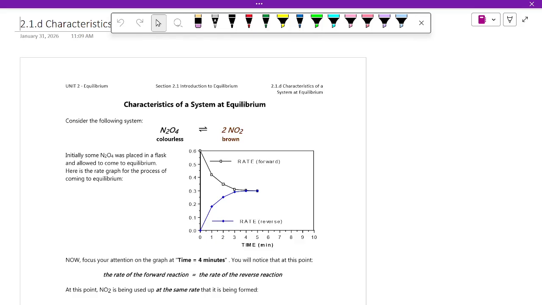Then when I put it into here, what happens to the brown gas? Lighter. The brown gas gets lighter. It reacts and turns into the colorless gas. Okay? Now, has this changed color at all while we've been sitting here? This one that hasn't been?